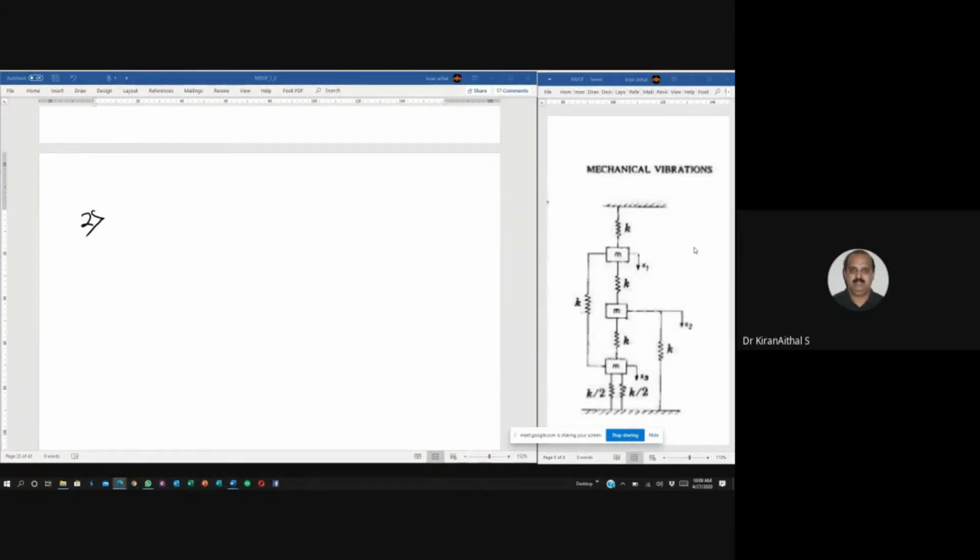Already, if you see here at the bottom part, I have got k by 2 springs which are in parallel. So first I will get that one.